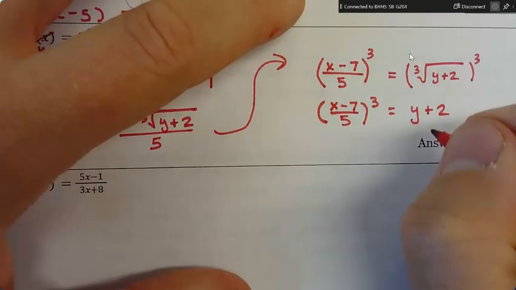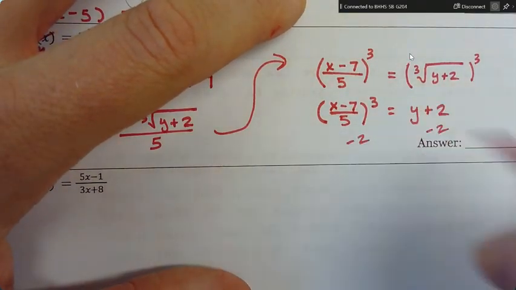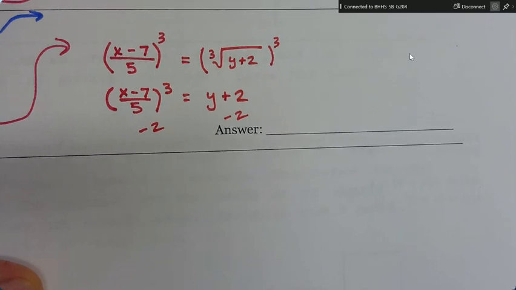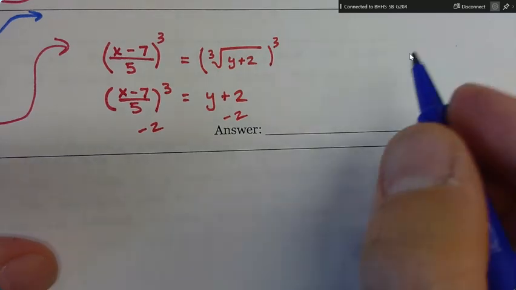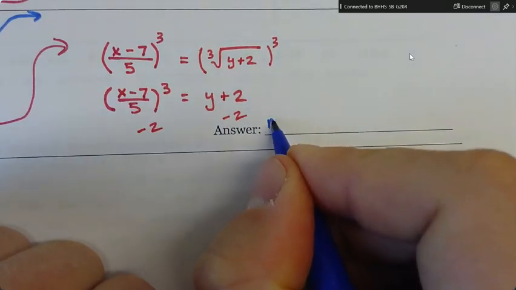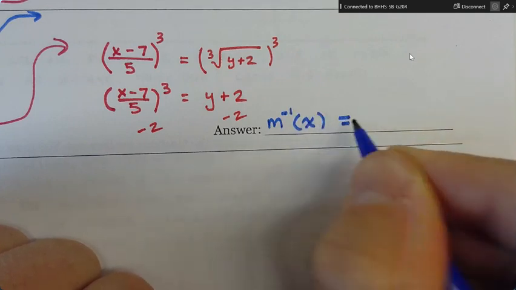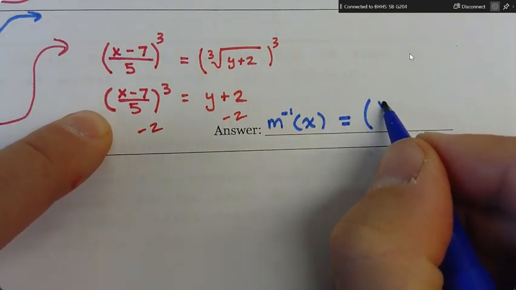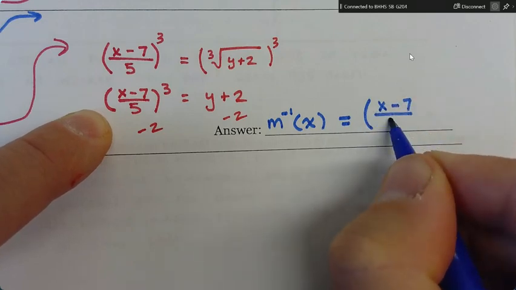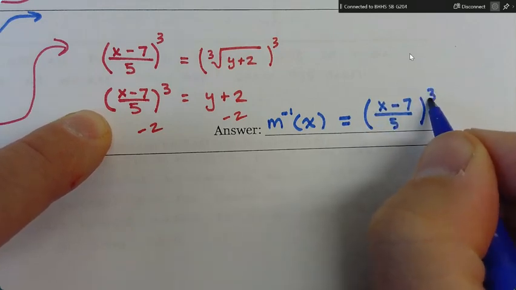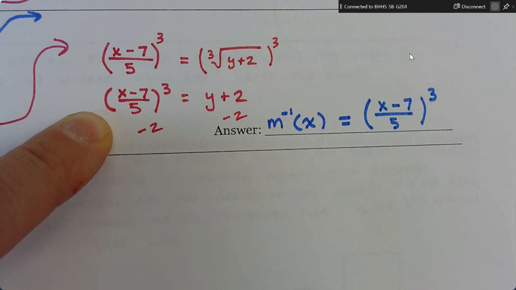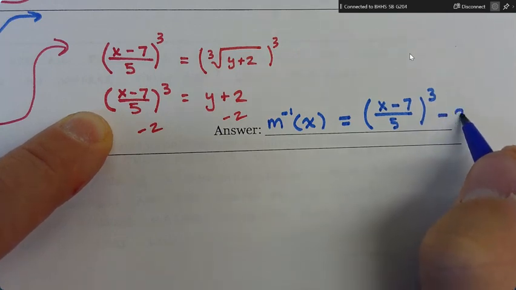Subtract 2 and you're all done. Okay, so minus 2 here. Sarah, I'll try to write this nice and big. M inverse of x would be equal to x minus 7 over 5 cubed minus 2.